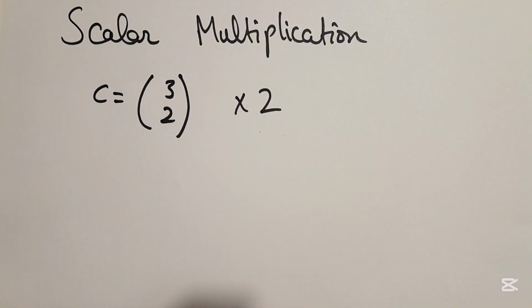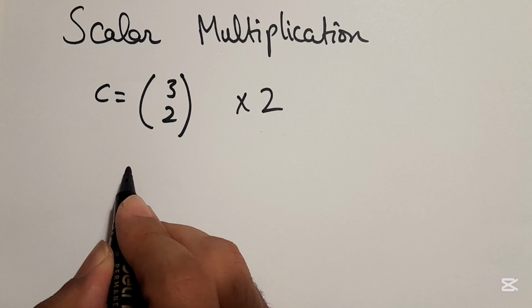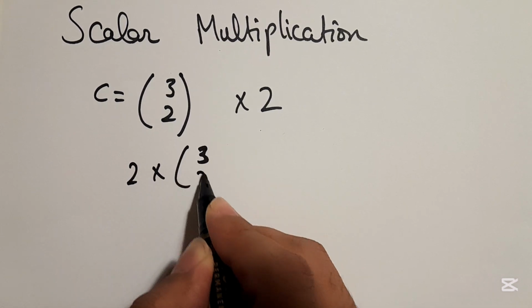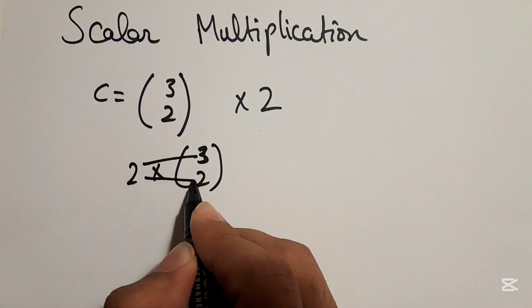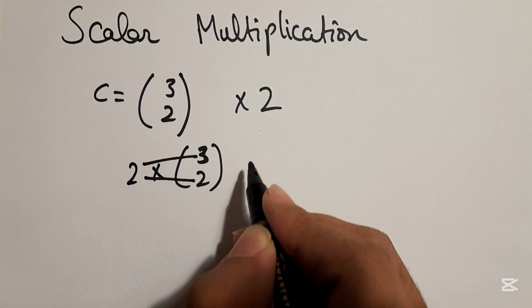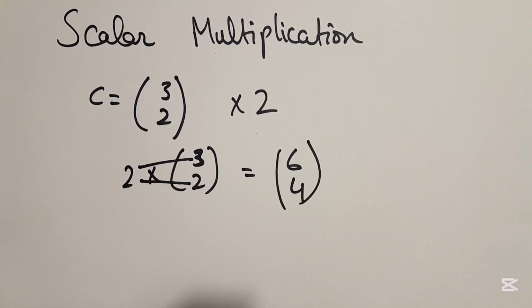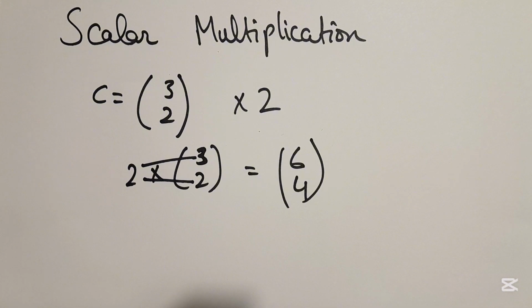If we multiply c by 2, we multiply 2 here like this: first 3 by 2 and then 2 by 2, which will be (6, 4). So the vector still points in the same direction, but it will be twice as long, meaning the length of the line, instead of 2 meters, will now be 4 meters. So this is how we do scalar multiplication.